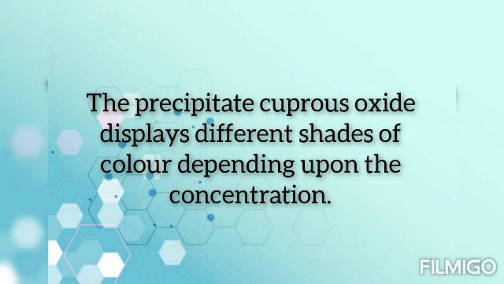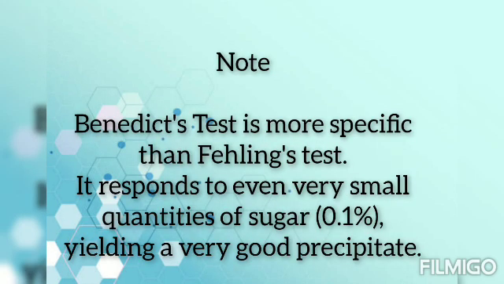The precipitate of cuprous oxide displays different shades of color depending on the concentration of sugar present. Note: the Benedict's test is more specific than the Fehling test. It responds to even very small quantities of sugar, that is 0.1%, yielding a very good precipitate.